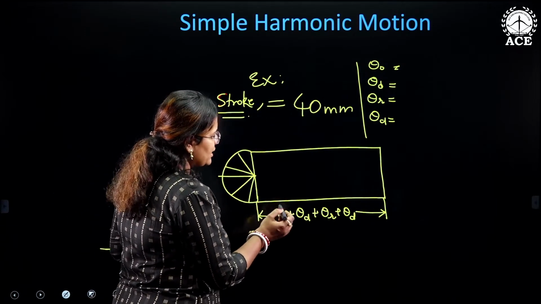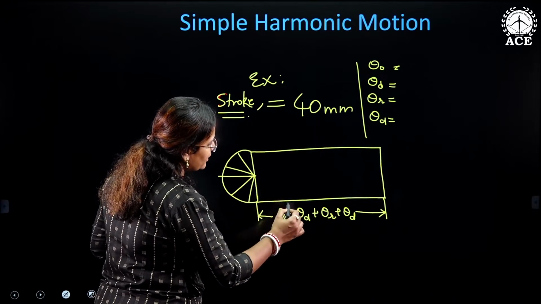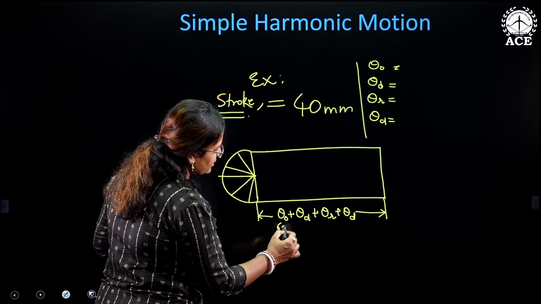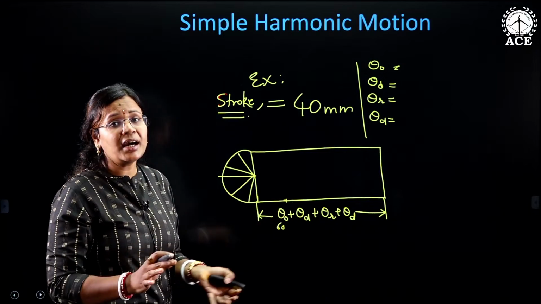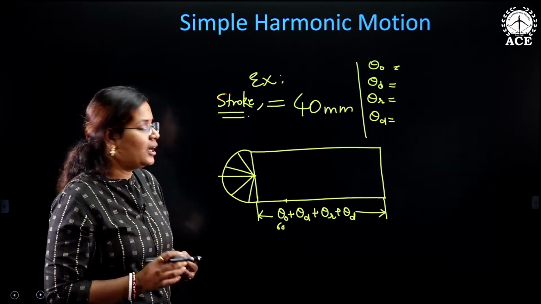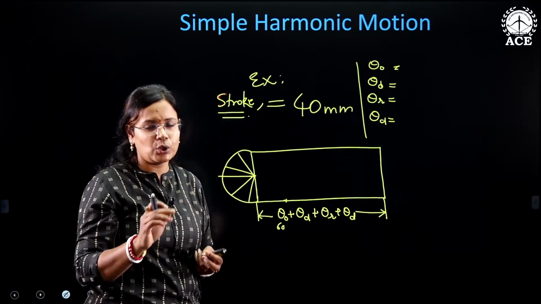Now in this we will classify further. Suppose theta O is given as 60 degrees. So you take a 60 mm line. Here theta is given in degrees.